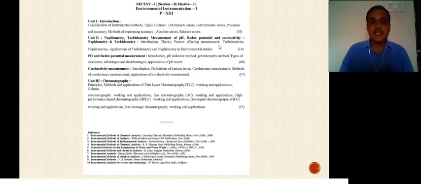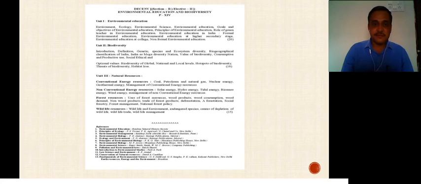Unit second has 10 plus 8 plus 7, so about 25 lectures are allotted. Unit third is chromatography, with 15 periods allotted. The reference books are also listed in this paper.